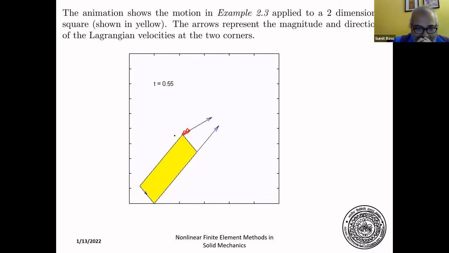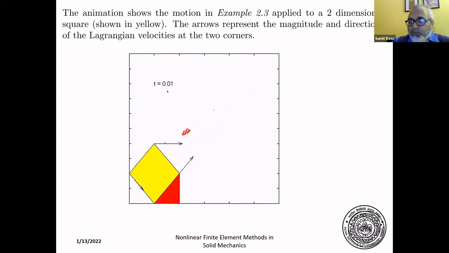In the other case, I am asking what about the point that is here at 0.23 seconds? What is its velocity? In both the cases, the answer should be the same.